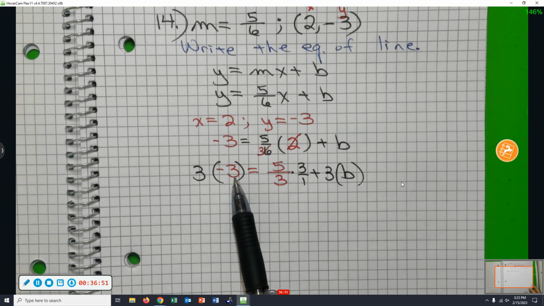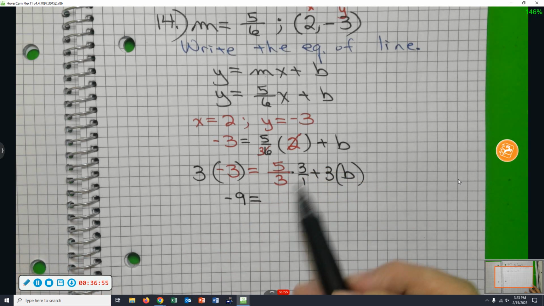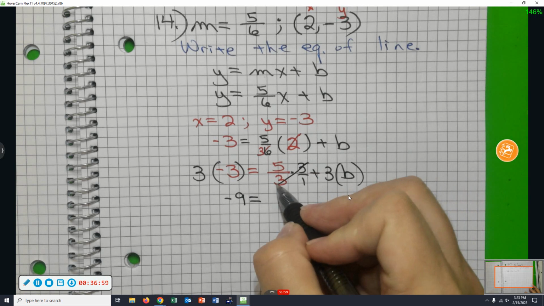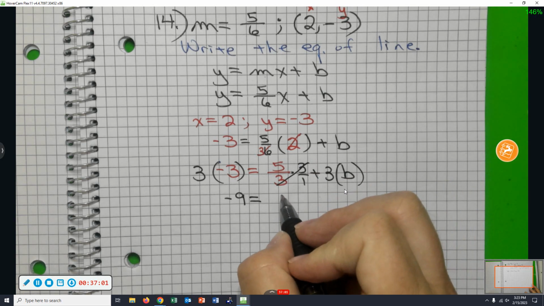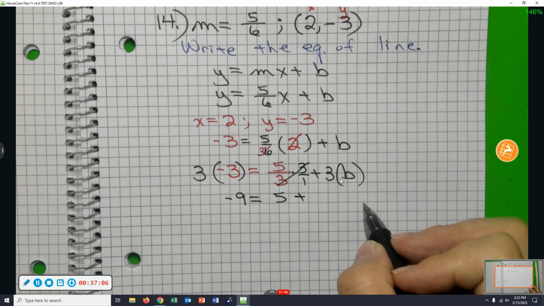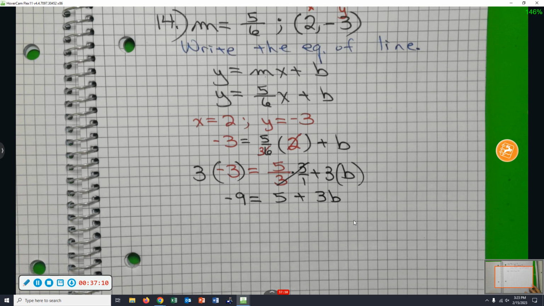3 times negative 3 is negative 9 equals, what's about to happen here? 5 plus 3b. Isn't this one easier to solve for b without a fraction now?